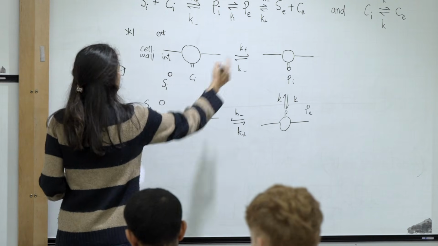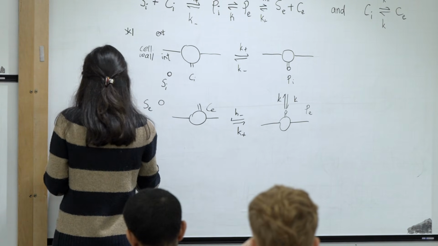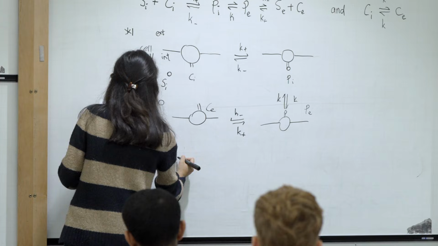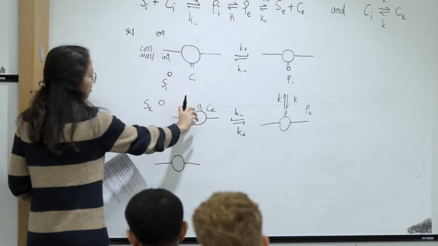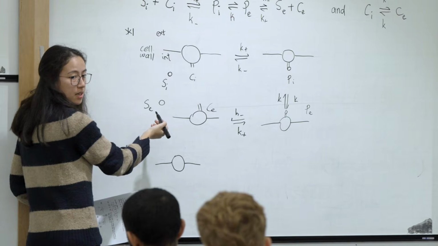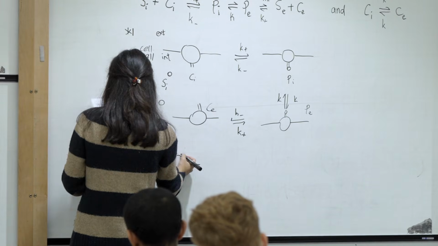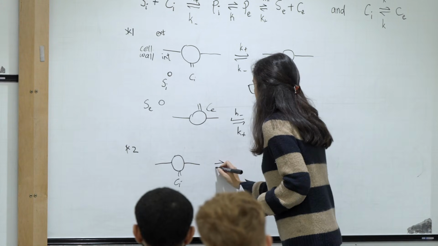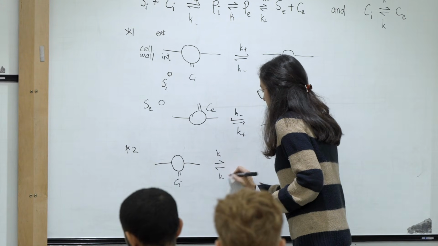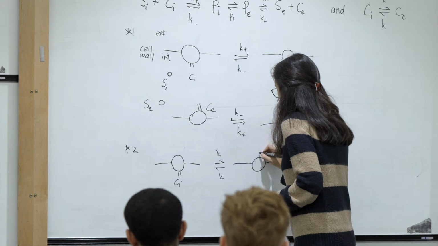Okay, and then I also have the other state over there. So this is 2. I also have that this thing can also invert on its own without the substrate. So if I have CI, this can change with the rate of K into the following instead.